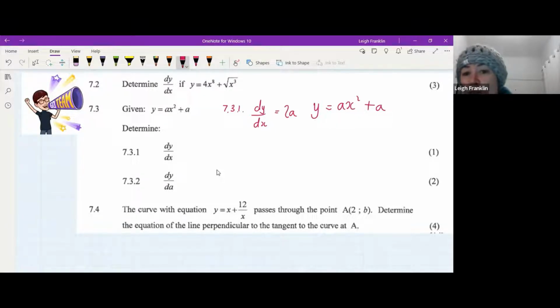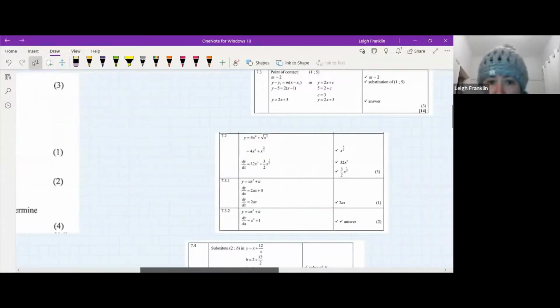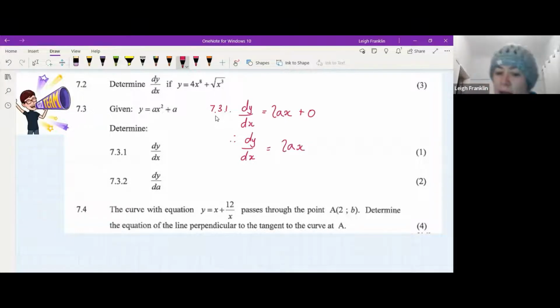Then you would have had to subtract 1 from the exponent of x, so that would have been x like that. You're not differentiating with respect to a, you're differentiating with respect to x. Okay, so can you see your a would have become 0, so dy over dx equals 2ax plus 0. Okay, so therefore dy over dx would just be 2ax, like so.